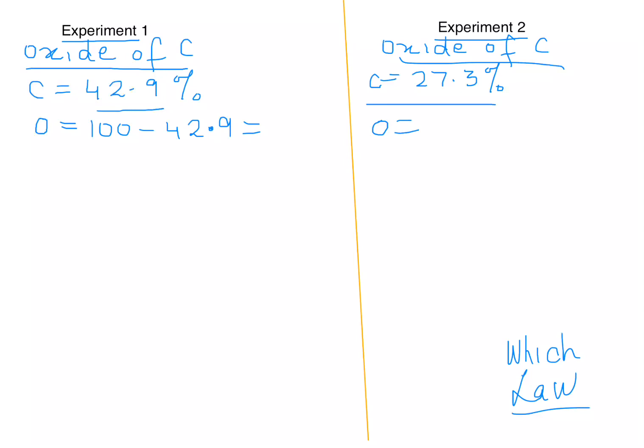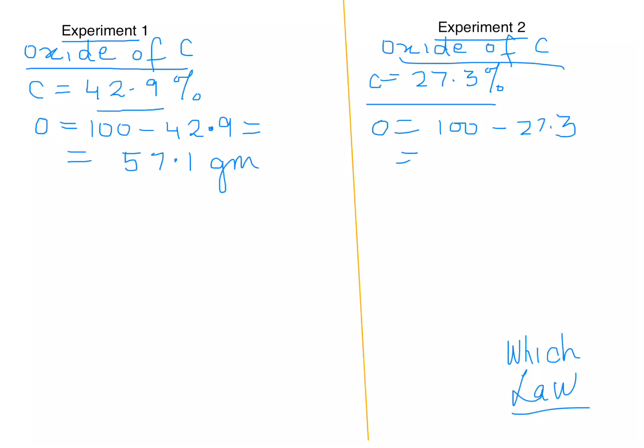In the same way, for the second oxide of carbon, we know the percentage of carbon is 27.3. So the percentage of oxygen over here would be 100 minus 27.3. This gives us a value of 57.1, right? Do our answers tally?